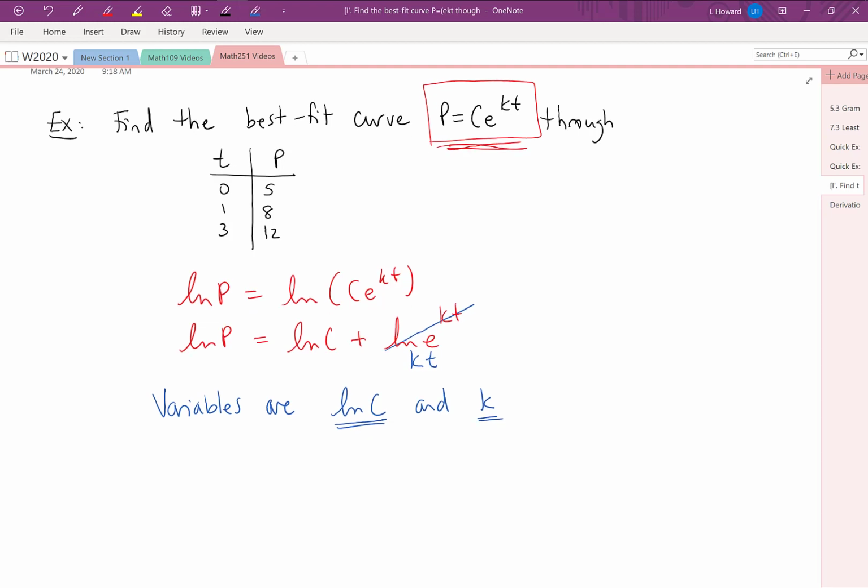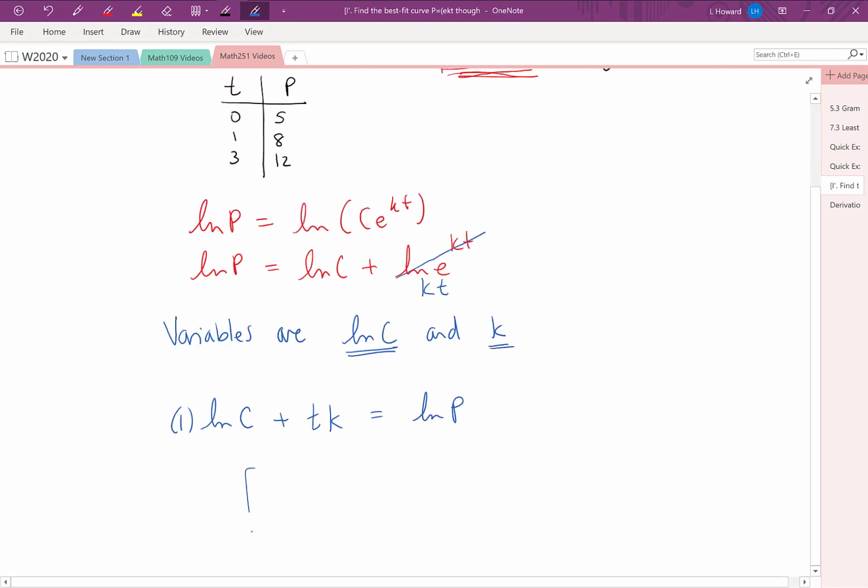So let's write this equation more suggestively. We'll write variables on the left. So ln c plus kt equals ln p. And the other thing we want to do is just put coefficients in front of the variables. So we should write 1 times ln c, and instead of writing kt, let's write tk.